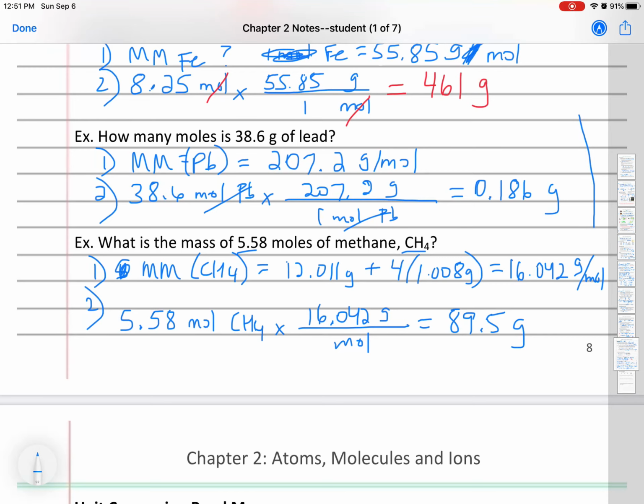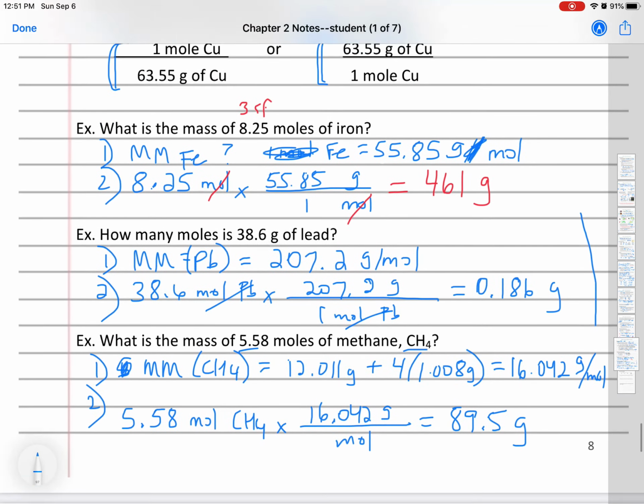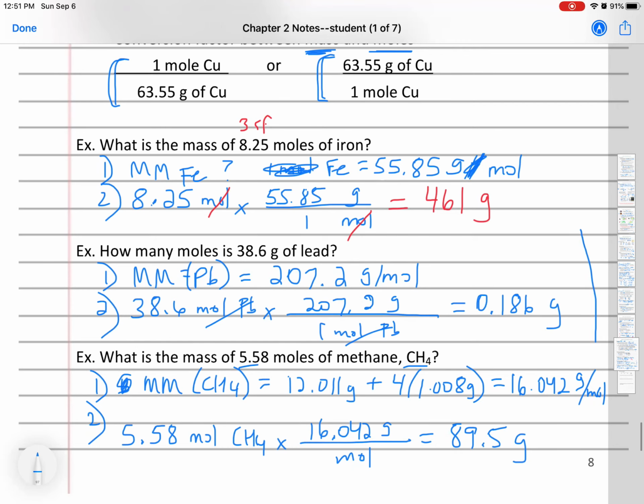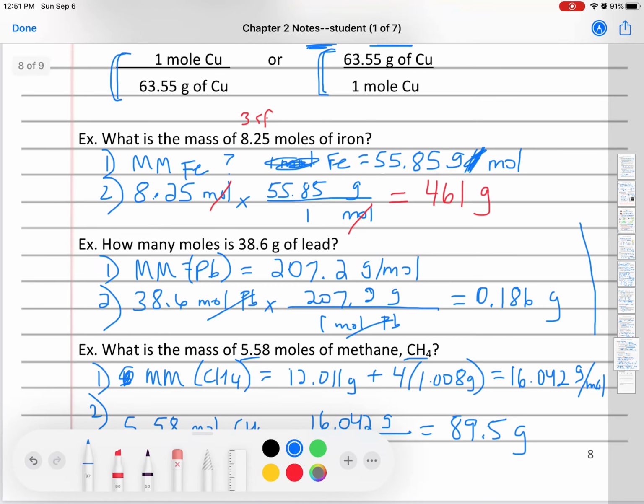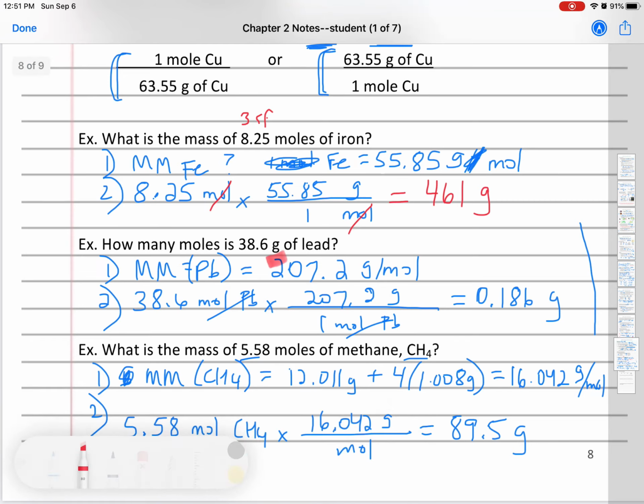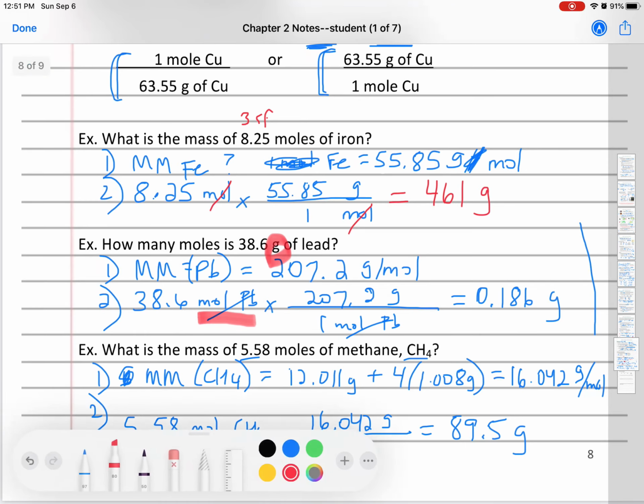All right, so one thing I am realizing now that I could have done, all of these problems, oh, no, I just did problem number 2 incorrectly. No wonder. Okay, so if you didn't catch it, I'll show you where I went wrong. The question said how many moles is 38.6 grams of lead, but in my problem I said 38.6 moles of lead.